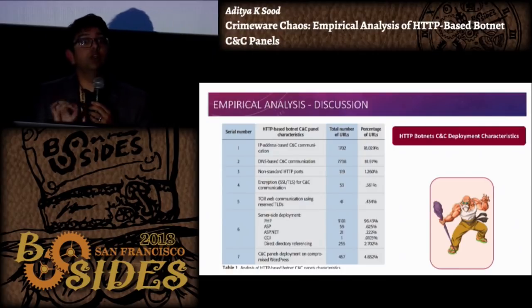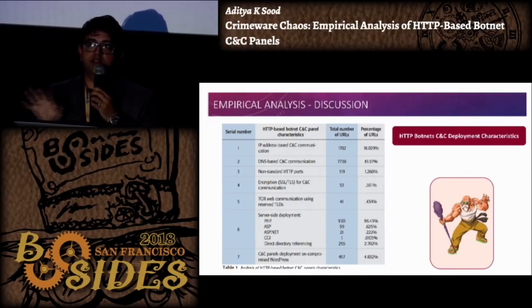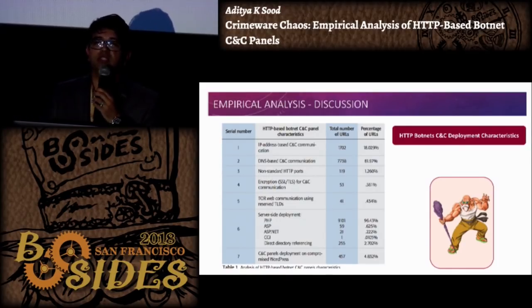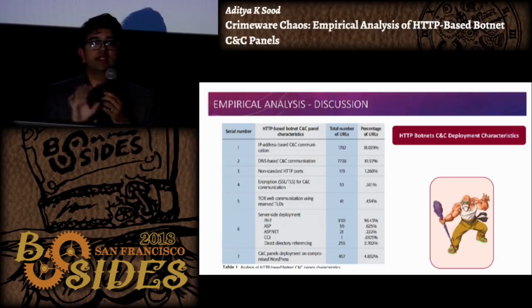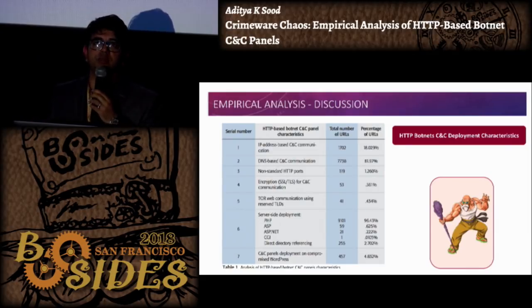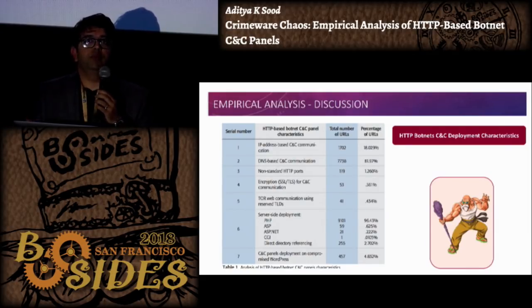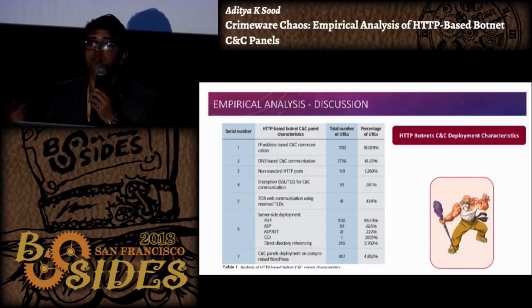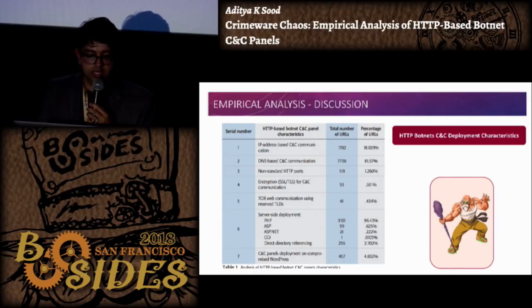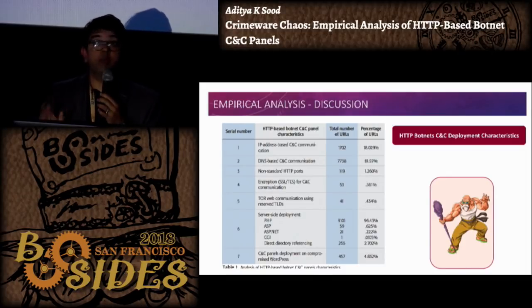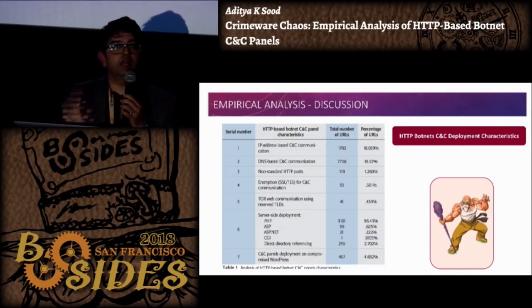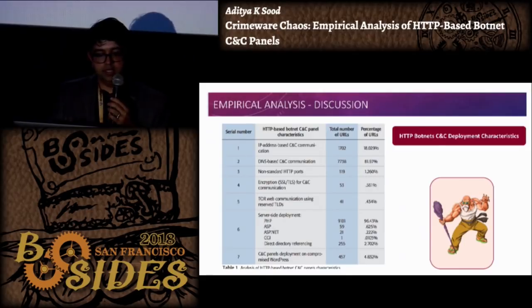So we also looked into the non-standard HTTP ports. I have a lot of discussions going on in the community where people say if you're doing an HTTP connection, it's going to be on port 80, 443, 8080, 8081, and stuff like that. That is not entirely true. You can deploy a web server on any port, you just have to bind on that particular port to start listening for your web connections. So we found that, not a large share but still 1.2 to 1.3% out of the 12,000 CNC URLs that we analyzed, were using non-standard HTTP ports.